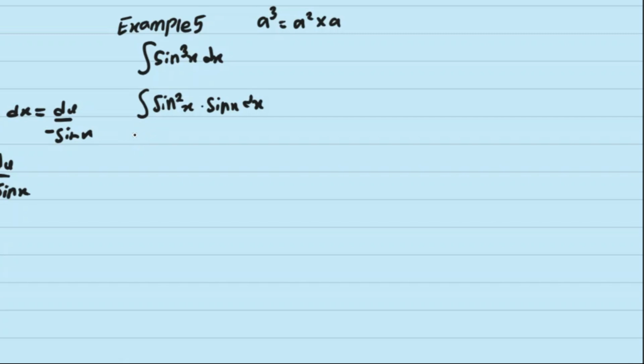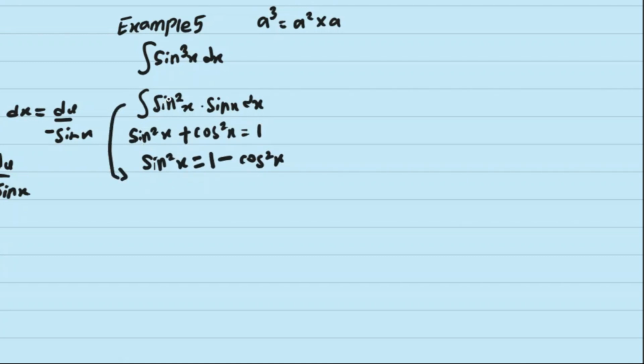Let me just write that down. Sine square x plus cos square x is equal to 1. So it means that sine square x is the same thing as 1 minus cos square x. So basically the integral of sine square x sine x dx will give us the integral of 1 minus cos square x multiplied by sine x dx.